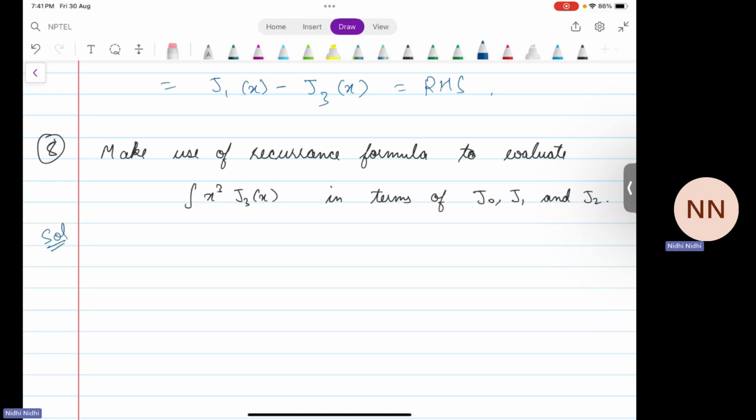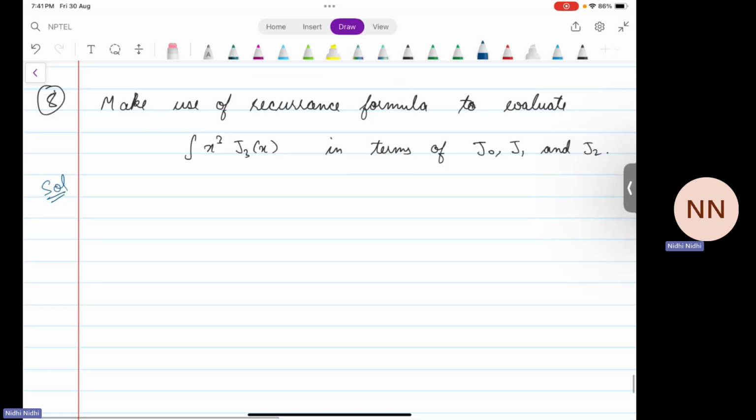Solution. So let's start with integral x cube J3x.